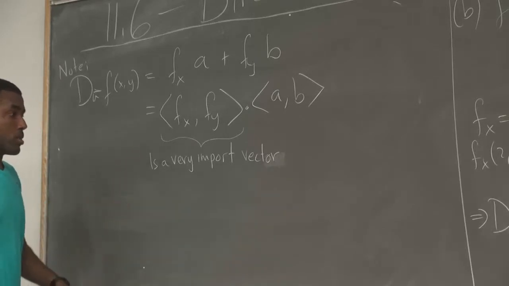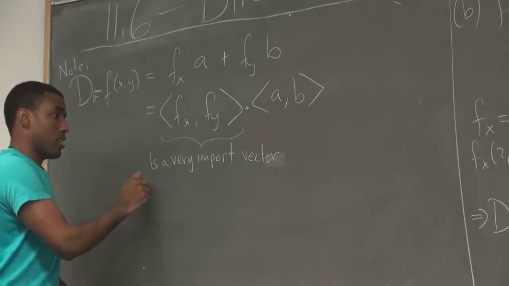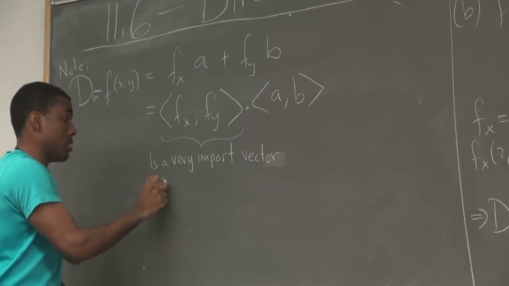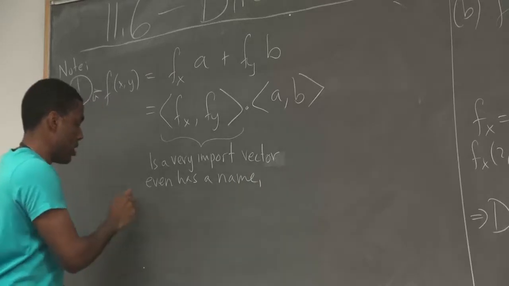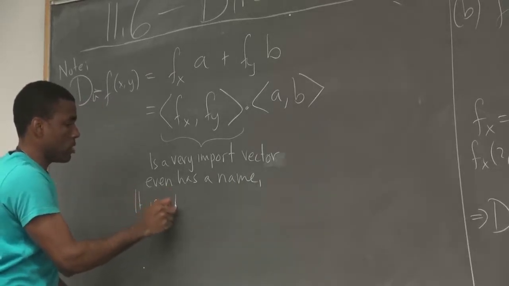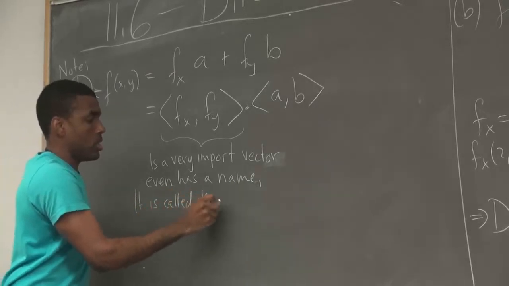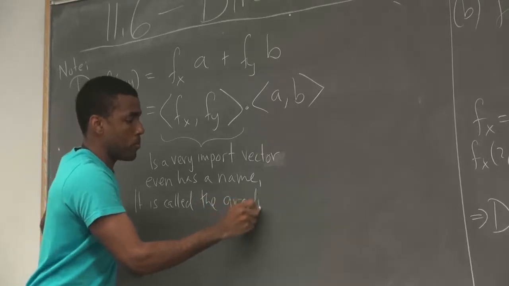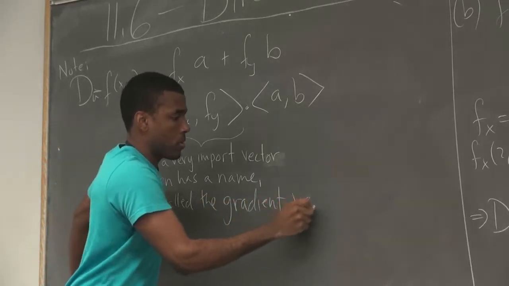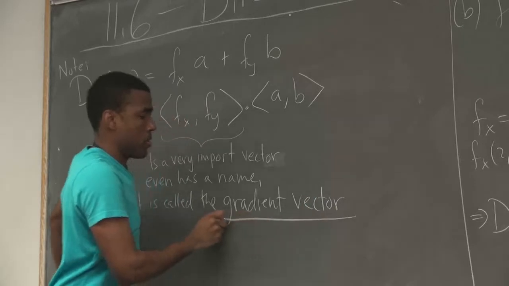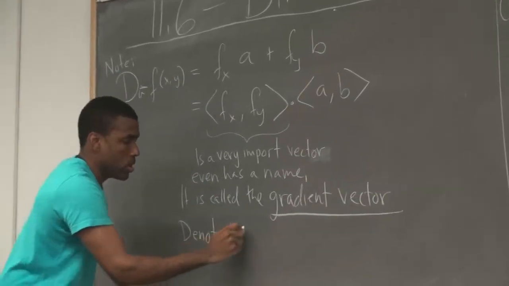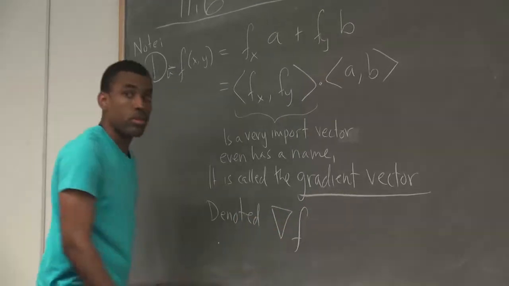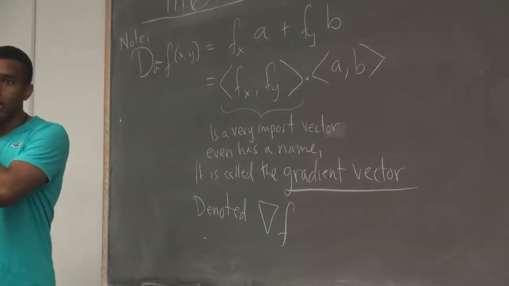So these kind of vectors are pretty important. It even has a name. It is called the gradient vector, written with this upside down triangle f, which I actually asked you in the quiz what that guy is.